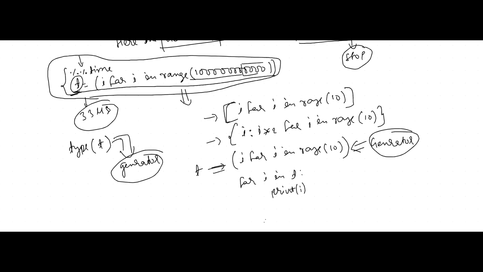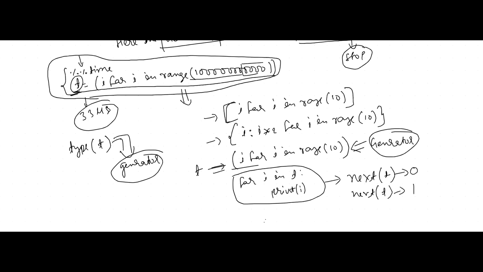But if you say again we are using a for loop, the other thing is you can use next. Next is a function. As you write next of T, it will print the first value, which will be 0. Again, if you print next of T, it will print 1.